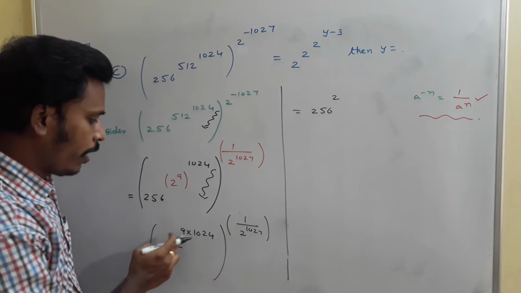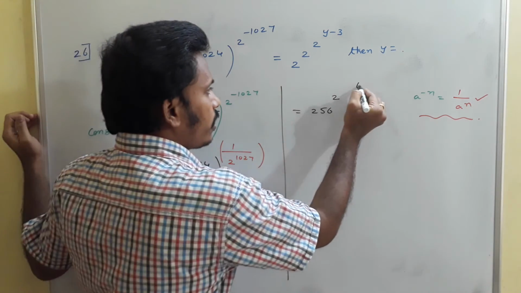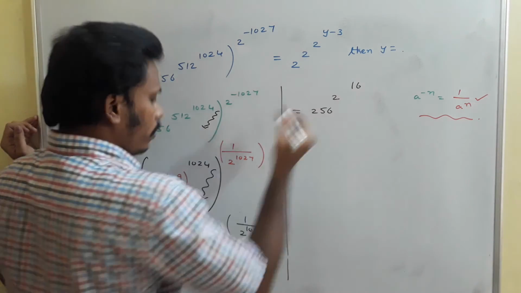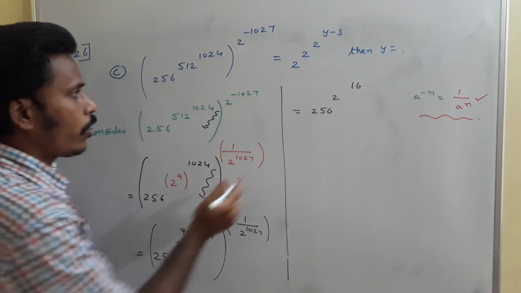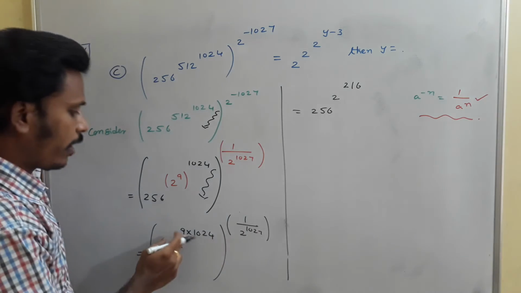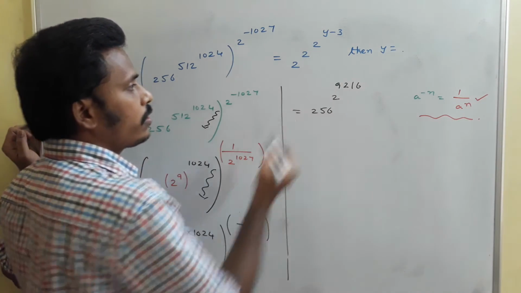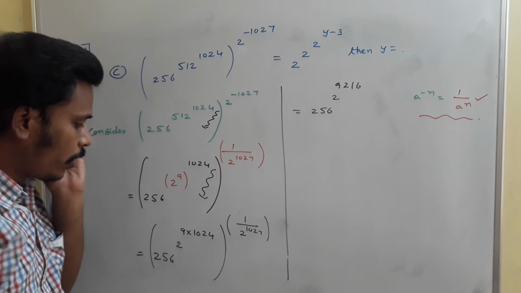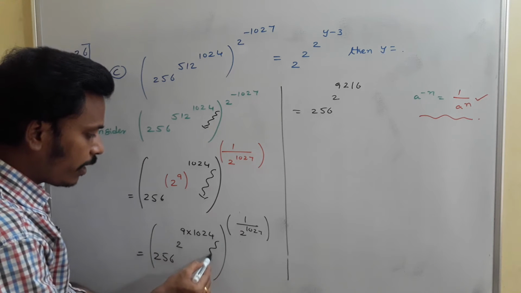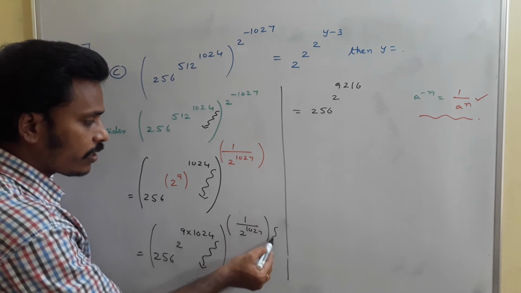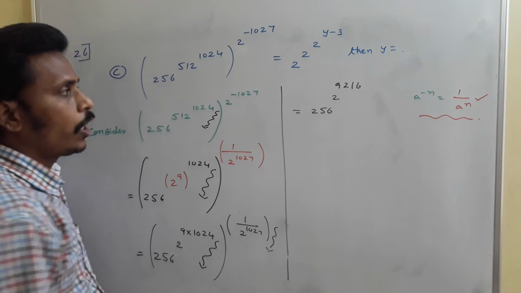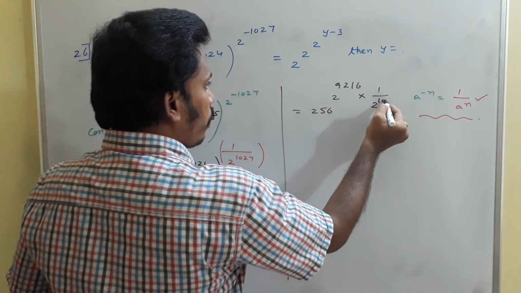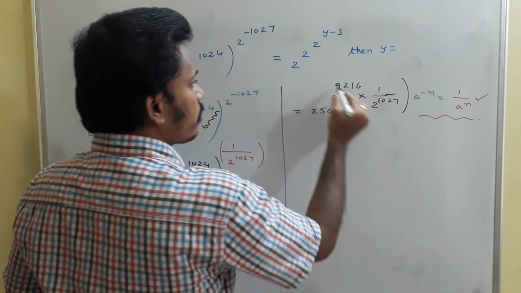We need to multiply: 9 fours is 36, 9 twos is 18 and 3 is 21, so 1 and 0, so 2, and then 9 ones is 9. 9216. So 256 to the power 2 power 9216 into 1 by 2 power 1027.